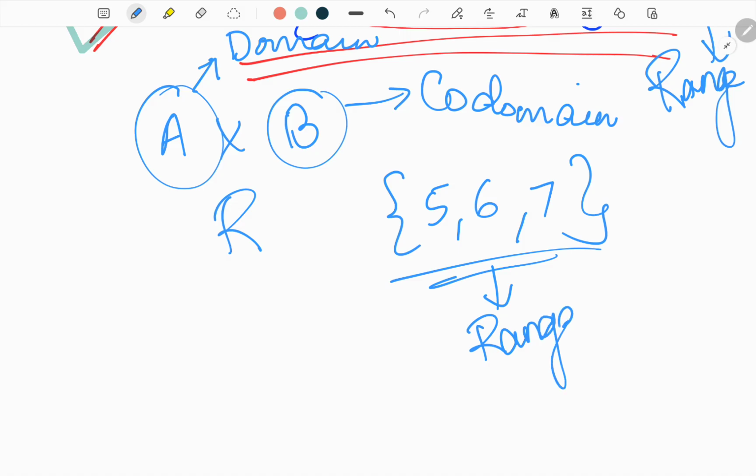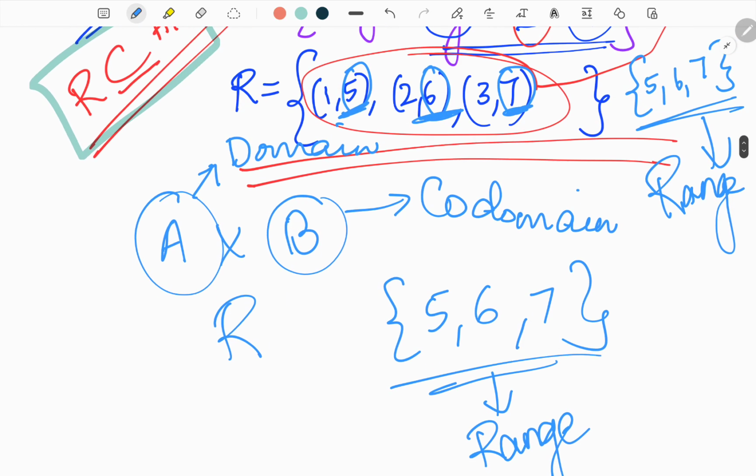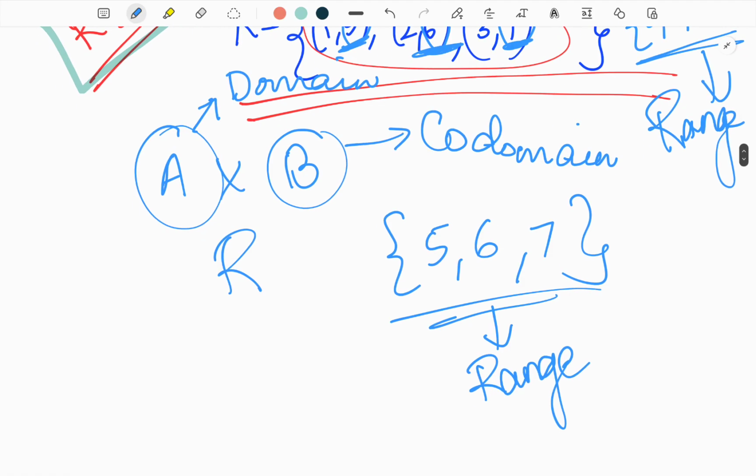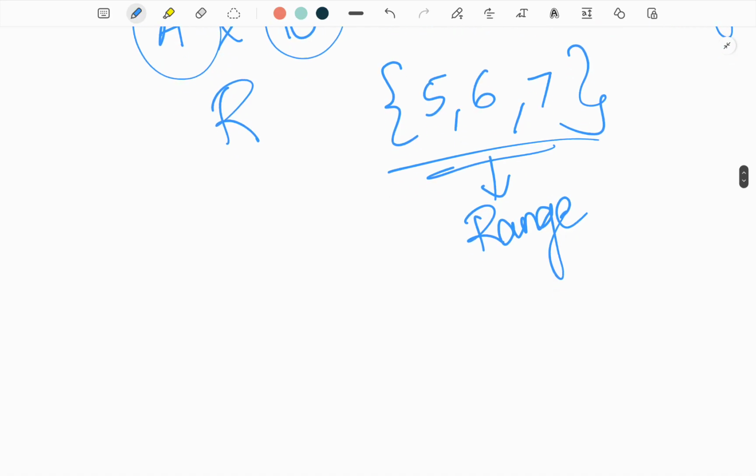Now let's say all the y values in the codomain are included in the relation. So in that case, the range will be equal to the codomain.